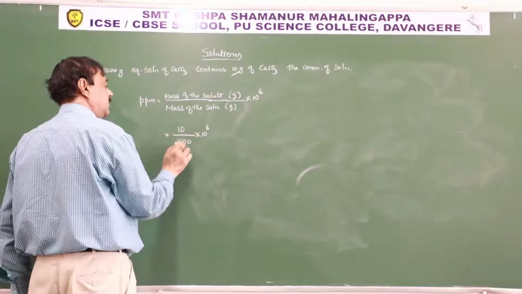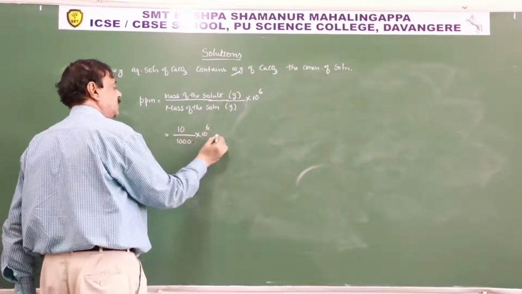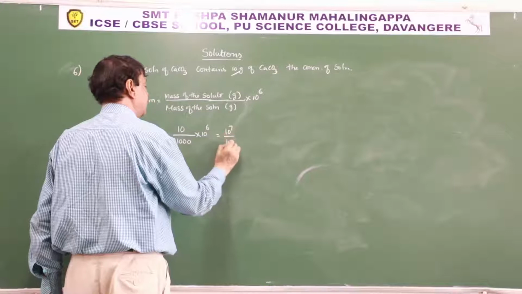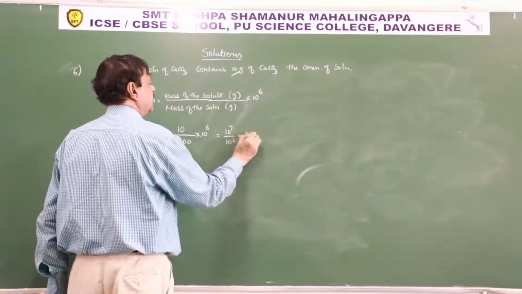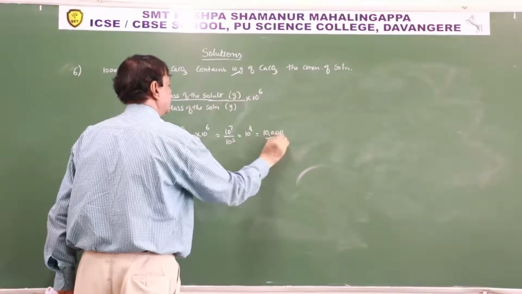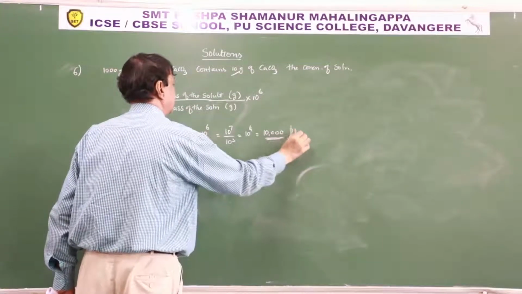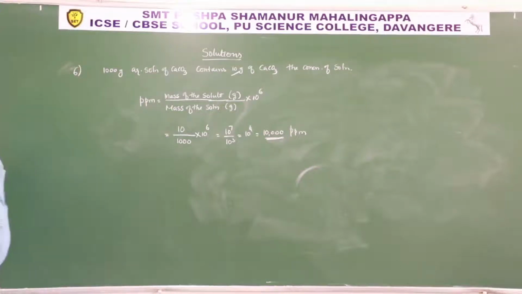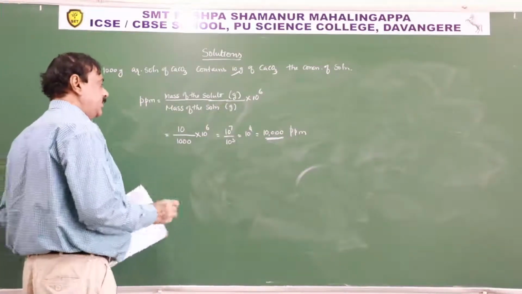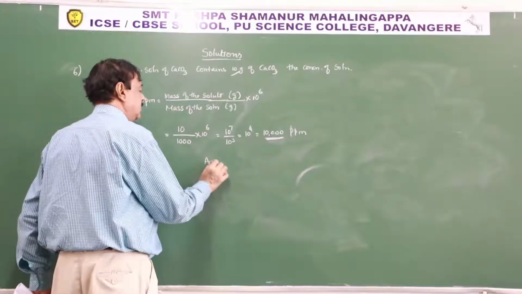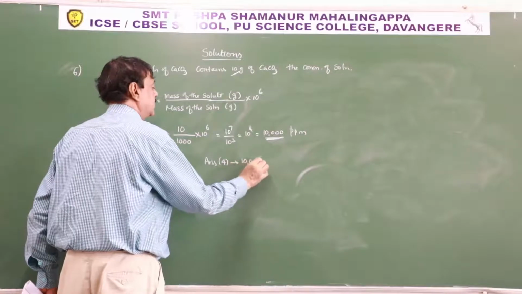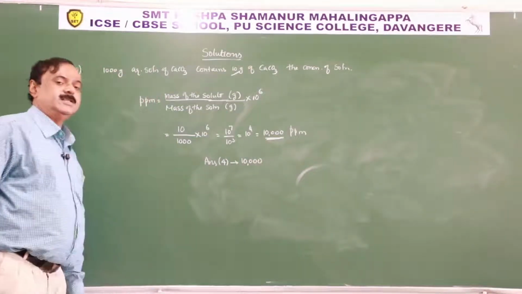That is 10 to the power of 7 divided by 10 to the power of 3. The answer is 10 to the power of 4, that is 10,000 parts per million. Therefore, your option is 4.